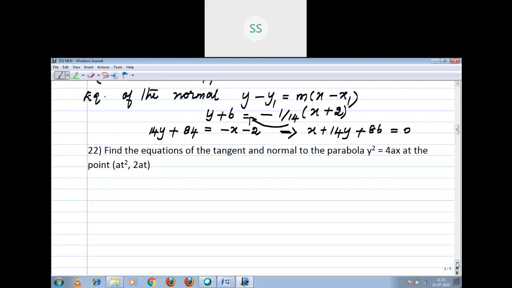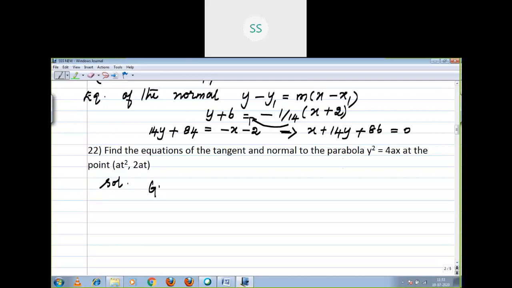Using that you have to differentiate. When you differentiate, immediately you arrive at the slope of the tangent. Using that you can get the slope of the normal. When we know the point, you can find the equation of the tangent and normal easily. Right, children? Do you understand the concept? Yeah, very good. Be attentive and listen to the class, right?